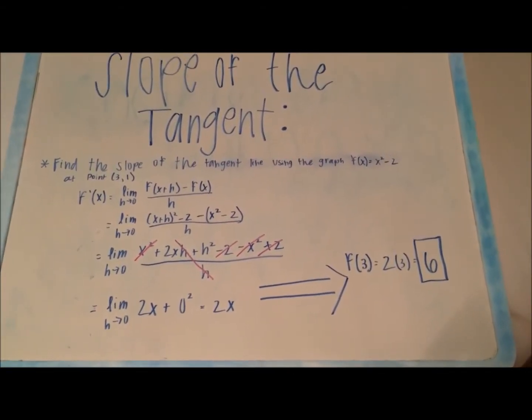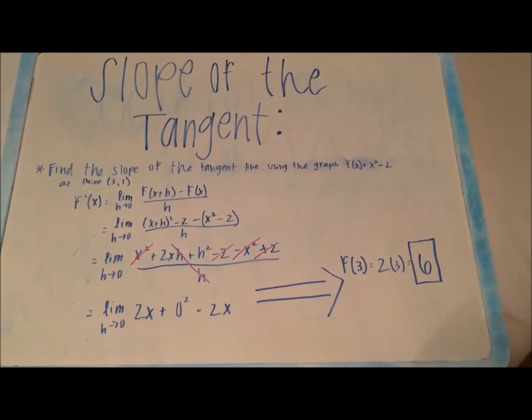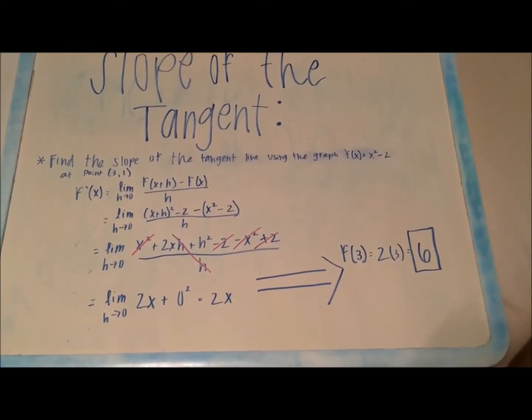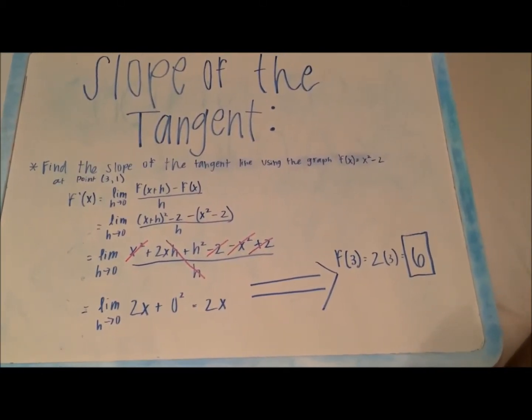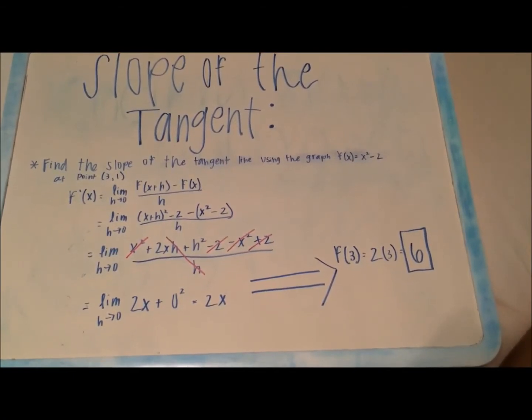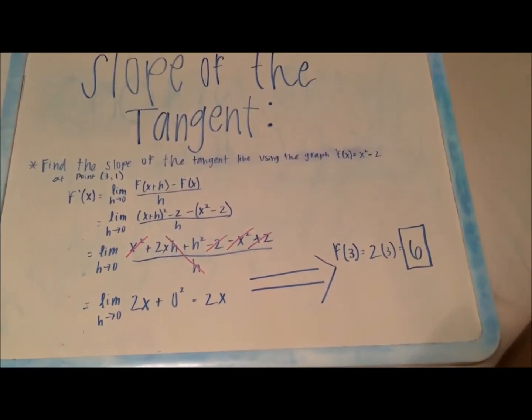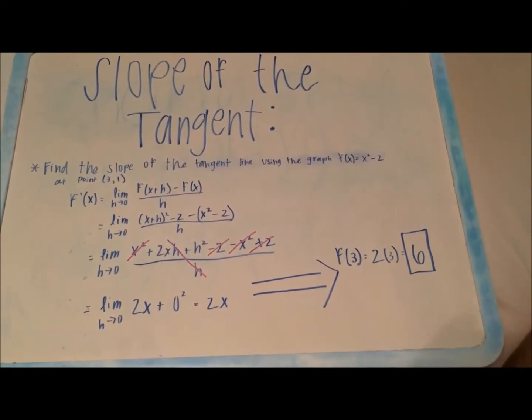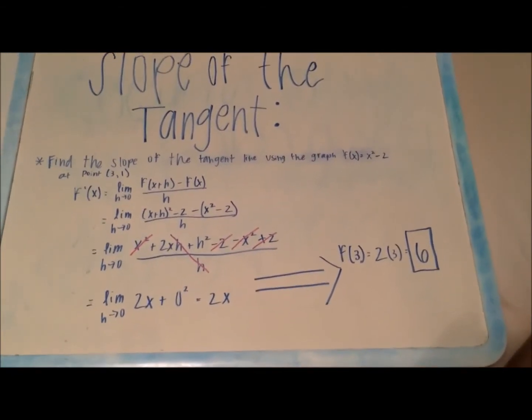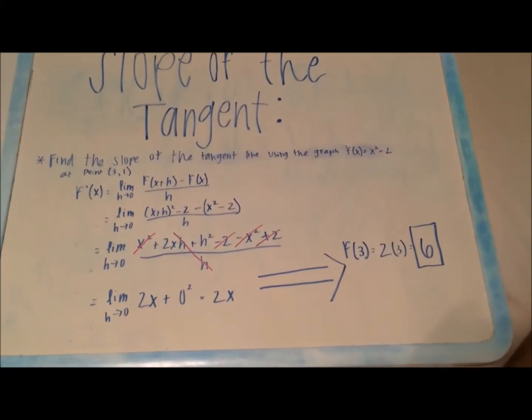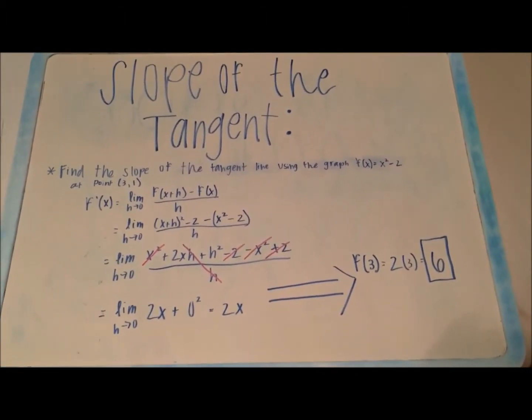So go ahead and multiply out the (x plus h) squared, and you'll get the limit as h approaches 0 of x squared plus 2xh plus h squared minus 2 minus x squared plus 2 all over h. And you'll find that a lot of the terms can simplify and cancel out.